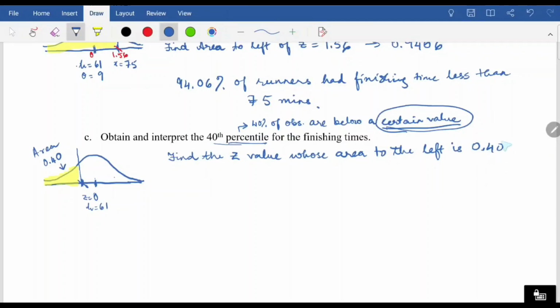How did I get 0.40 for the area? I took this 40th percentile information. I know 40th percentile means 40% of observations are less than a certain value. In other words, 40% of observations are to the left of a certain value. If it's less, that means it's to the left, right? And then I converted my percentage value to decimal by dividing by 100. Just convert your percentage to area. So we have to go to our table to find the corresponding z value.